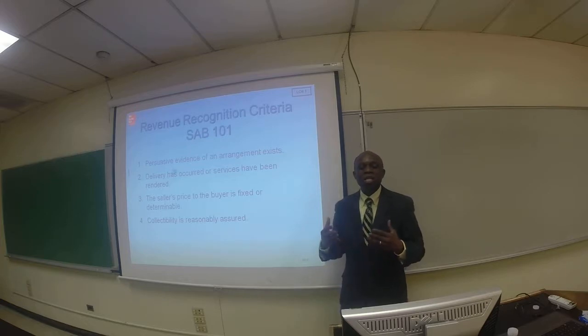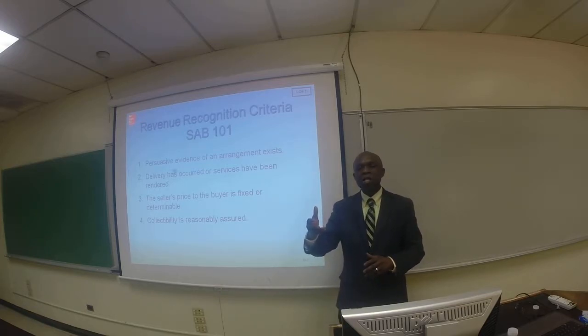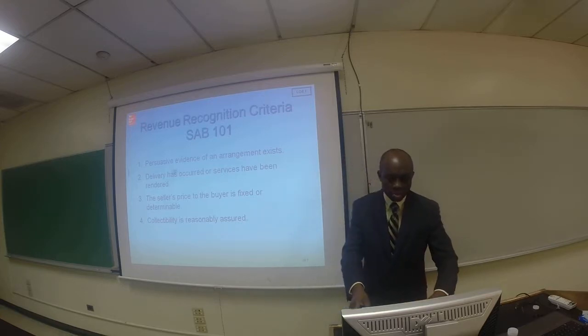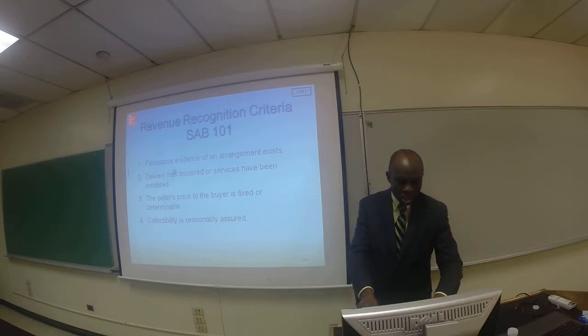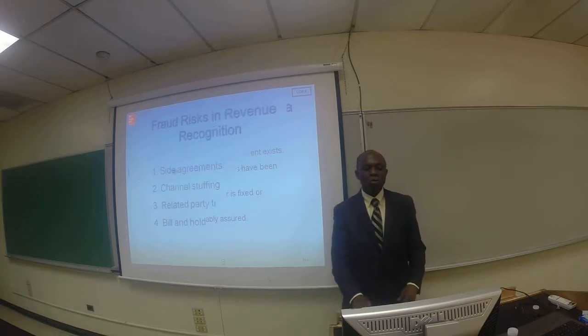Number two, the delivery of the product has to occur or services must have been rendered. Number three, the seller's price to the buyer is fixed or determinable. And number four, the possibility of collecting the amount from the revenue is reasonably assured. So these four criteria make up the recognition of revenue.